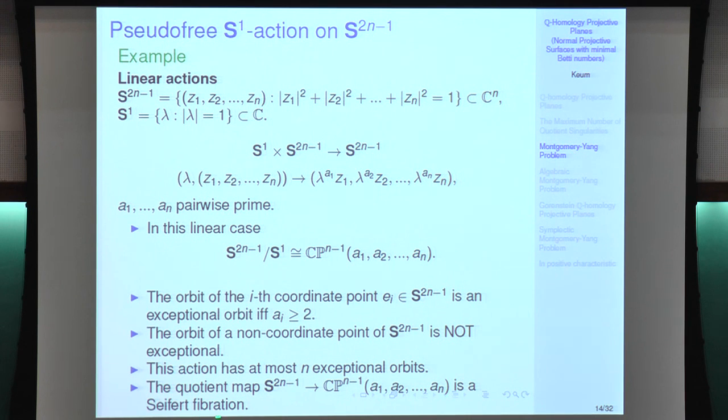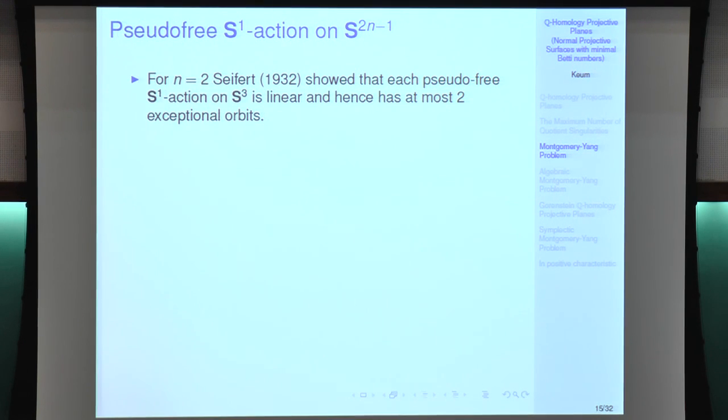This is the definition of Seifert fibration: a topological manifold over this complex space, where the fiber is a circle. For n equal to 2, Seifert, a long time ago, showed that each pseudo-free circle action is linear, like my standard example, and hence has at most 2 exceptional orbits.